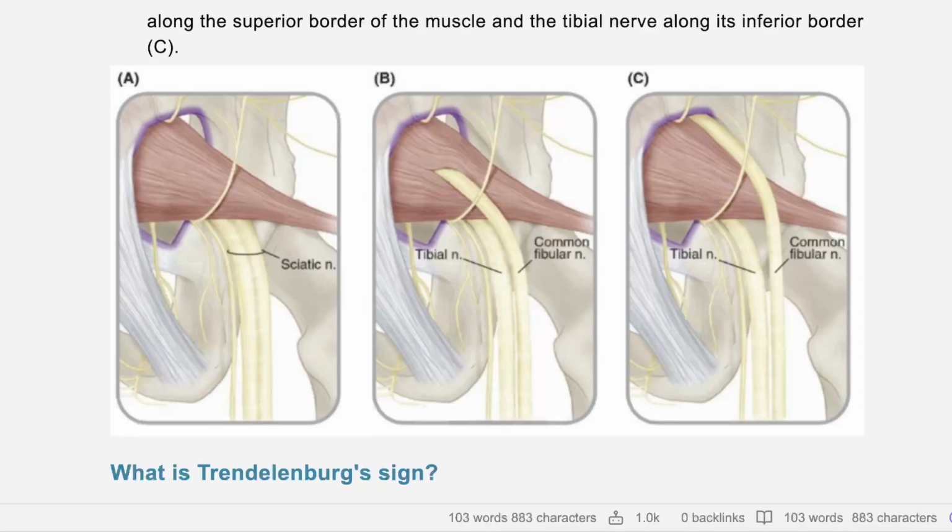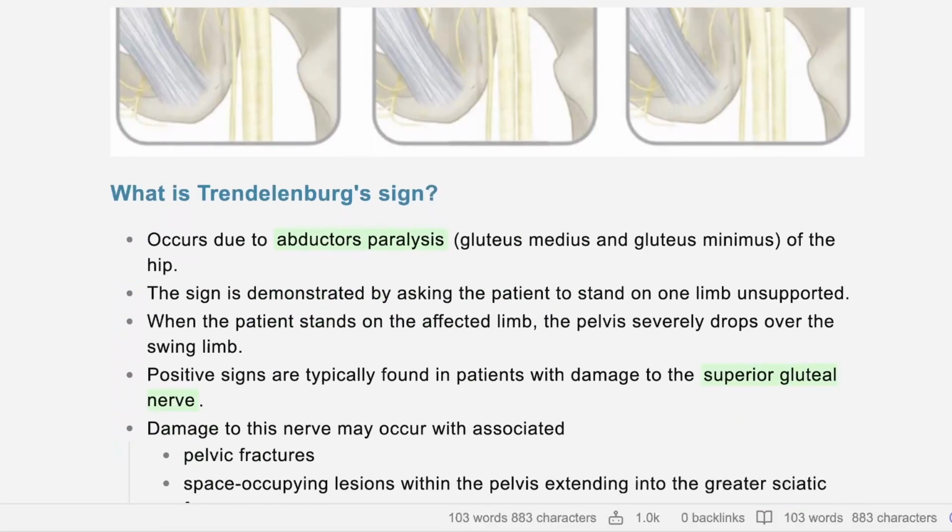It happens sometimes with patients who have a space-occupying lesion in the pelvis, or maybe pelvic fracture, and also those with posterior approach to hip surgery. Of course, the patient's gait will be affected as well, and it's named Trendelenburg gait.